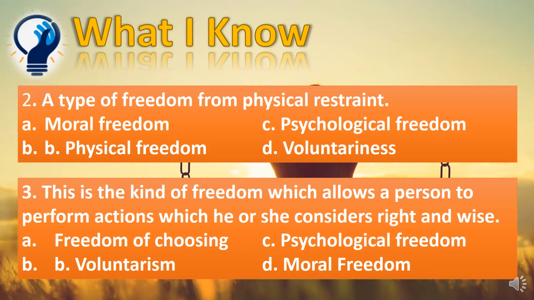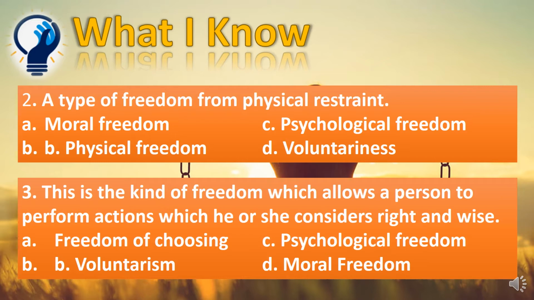Number 2. A type of freedom from physical restraint. A. Moral freedom. B. Physical freedom. C. Psychological freedom. D. Voluntariness. Okay, you can answer. The correct answer will be B. Physical freedom. Number 3.